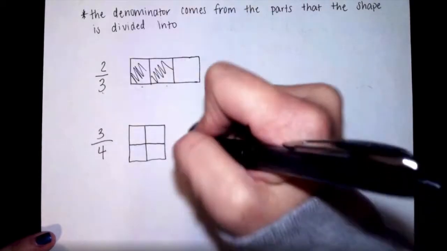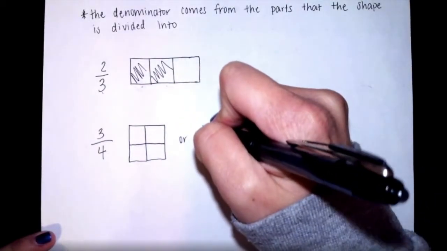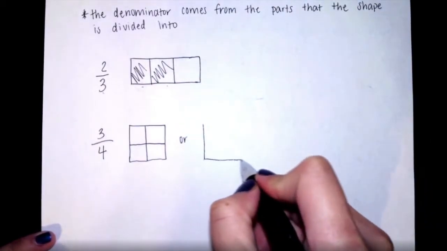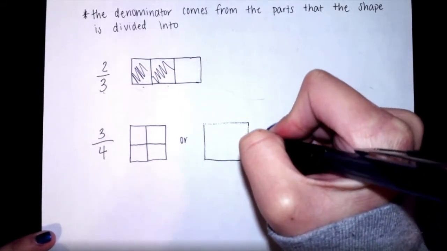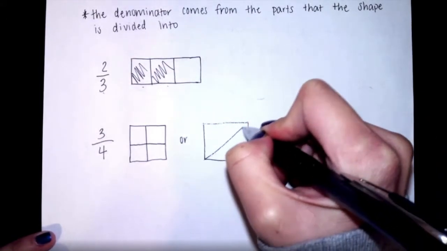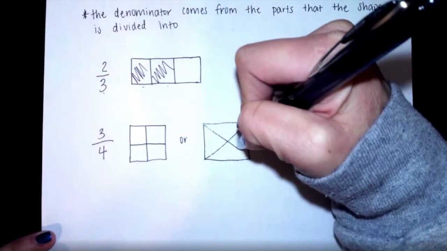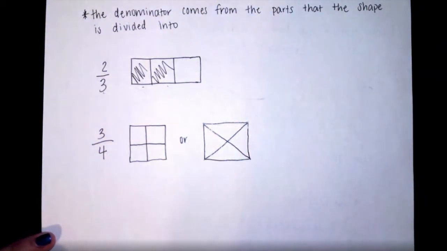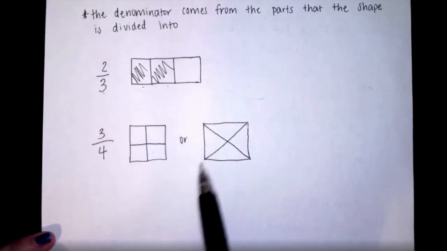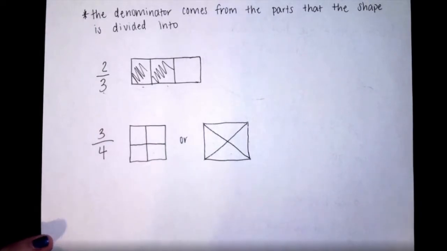You could also see a square divided like this diagonally, right? But in each shape, in each square, I still have 4 sections. 1, 2, 3, 4. 1, 2, 3, 4. Okay?